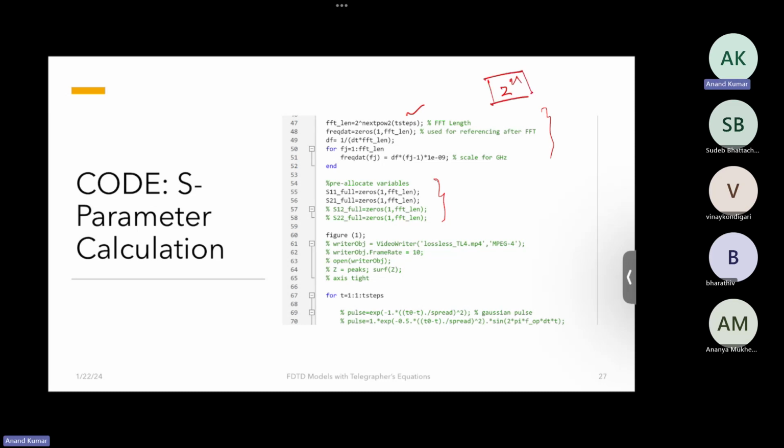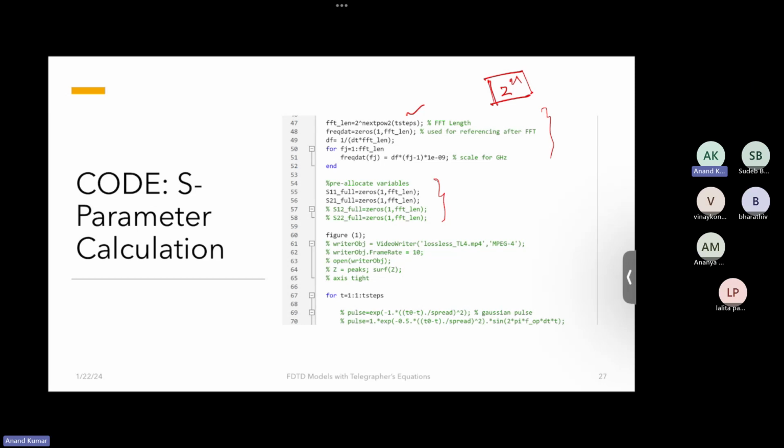Its length is usually of the form 2 power n. Do some reading on FFT, but it has to be of the order of 2 power n, and to make sure that it is of this length, I'm using this function over here, which finds the next power of 2 from t steps.